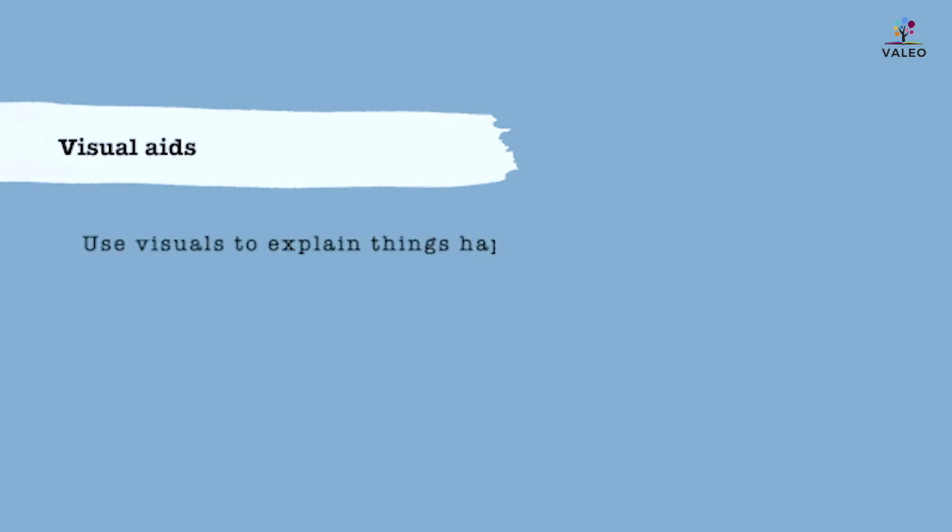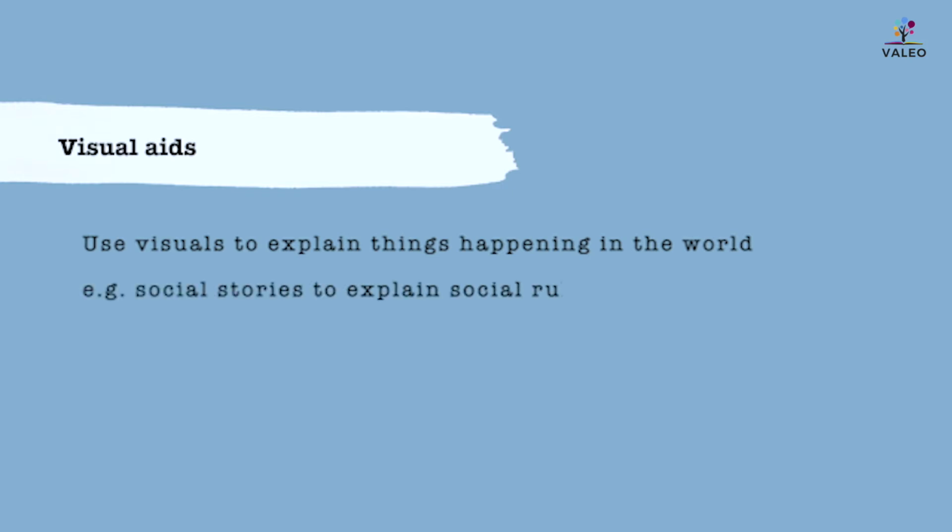Okay, I was thinking of visuals for explaining in a bit more detail things that are happening in the world. So I know especially with what's happening at the moment with Corona, there are lots of social stories out there explaining why things are different, why we're in lockdown, etc. Social stories are a really useful way to explain hidden social rules, or to make expectations more accessible.